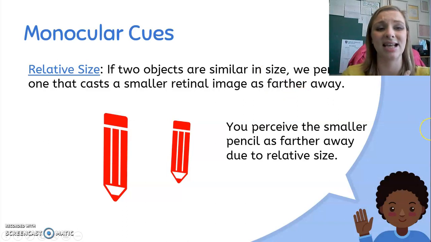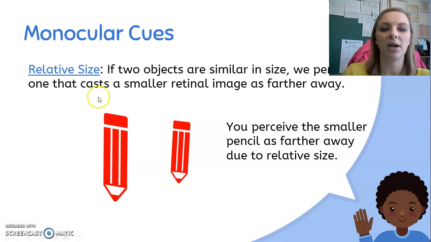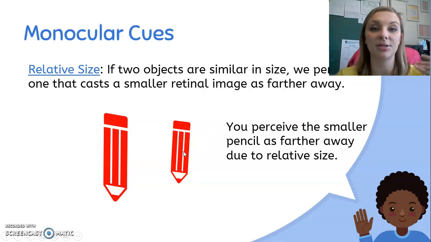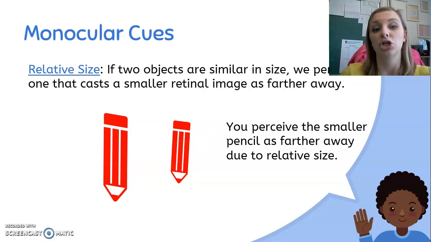The next is relative size. If two objects are similar in size, we perceive the one that casts a smaller retinal image as farther away. So for example, we know that pencils are about the same size as each other. So if we look at this pencil versus this pencil, we would determine that this one on the left is closer to us because it's bigger than this one, okay?